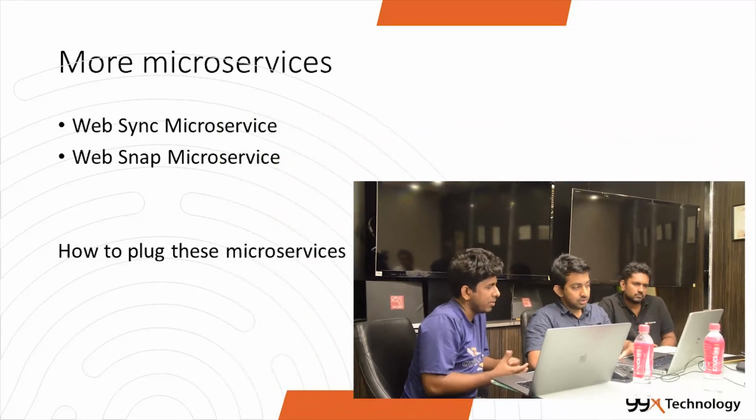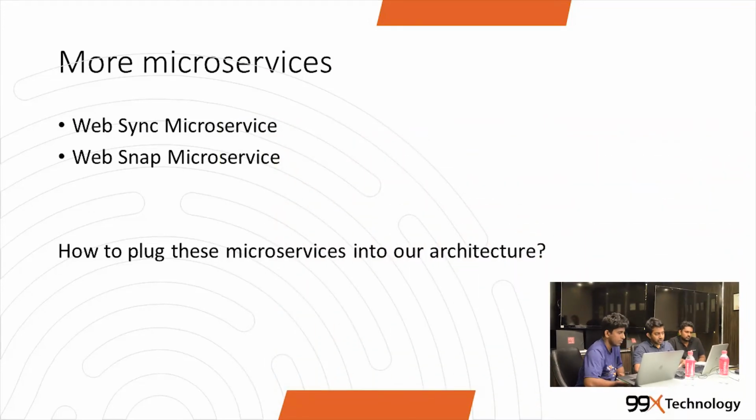So coming back to the other additional microservices, WebSync and WebSnap. There were two other microservices we had to place in our project. You saw that we have our application server microservices running in one of our containers. Now we had these WebSync microservices, which are nothing but syncing user interactions among multiple users.